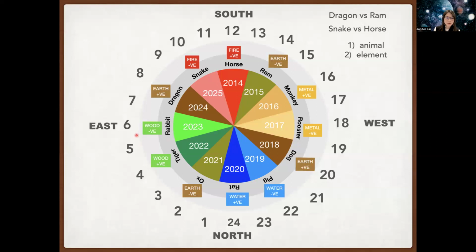For example, the rabbit, tiger, and dragon are like the morning, but they also represent the springtime. Snake, horse, and ram represent the afternoon or midday, but they also represent the summertime. Fire is a very hot time, so it corresponds to summer.